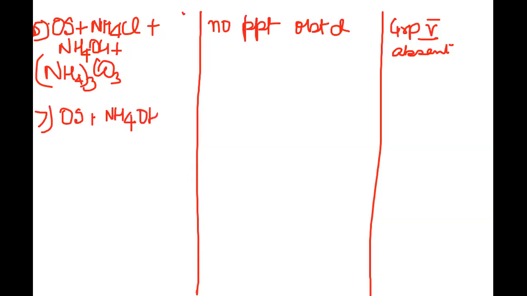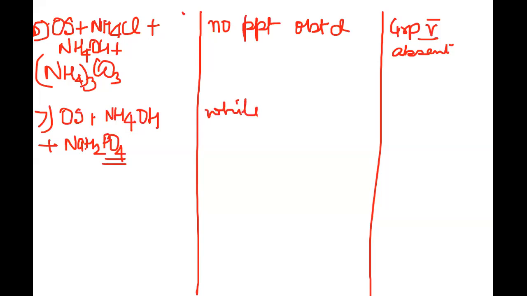To this, the reagent in this case is sodium hydrogen phosphate; you can take sodium dihydrogen phosphate, disodium hydrogen phosphate, or ammonium hydrogen phosphate. It is the phosphate radical which is important. This phosphate radical has to be there. When this is added, a white precipitate is seen.